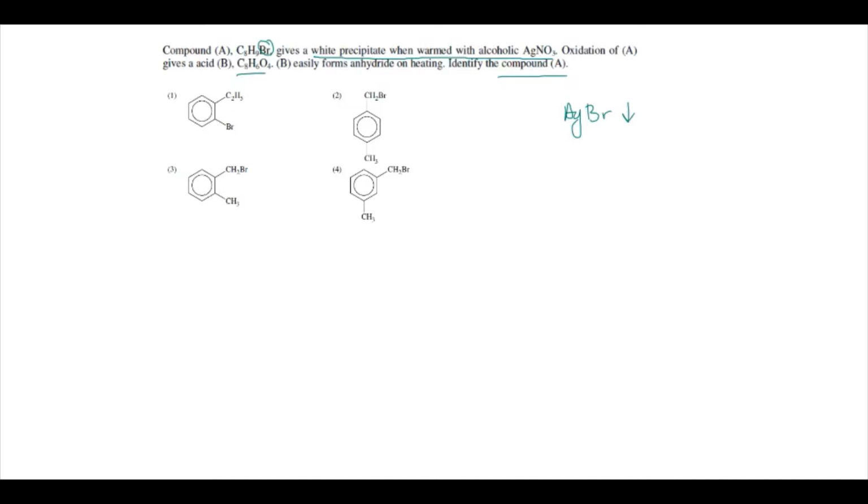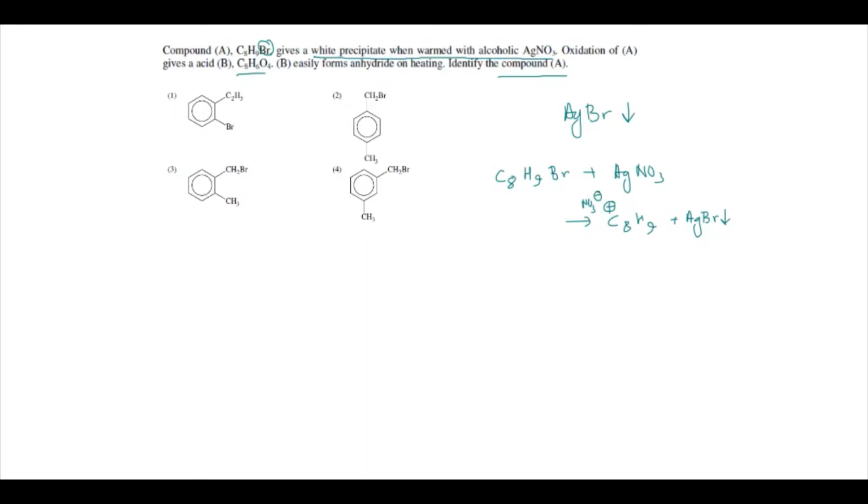So our initial compound, that is compound A, is C8H9Br, which is forming AgBr in the presence of AgNO3. And of course, Br is a negative ion, so the C8H9 will bear a positive charge, and we will have AgBr in the solution as a precipitate, and NO3 will remain as a counter anion.